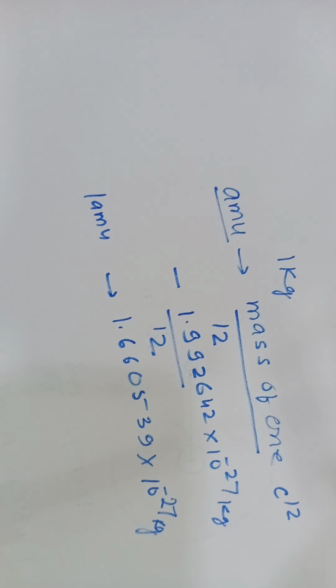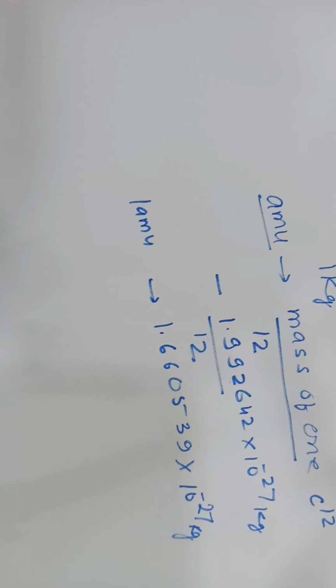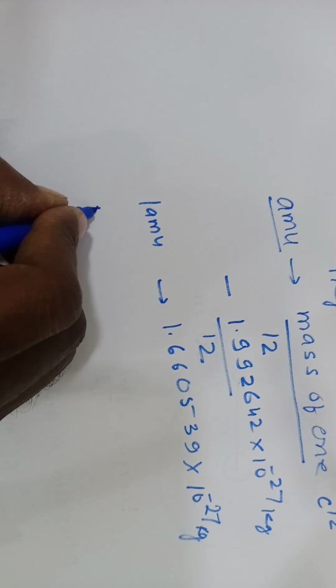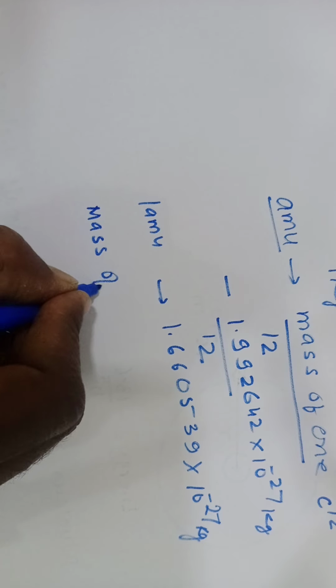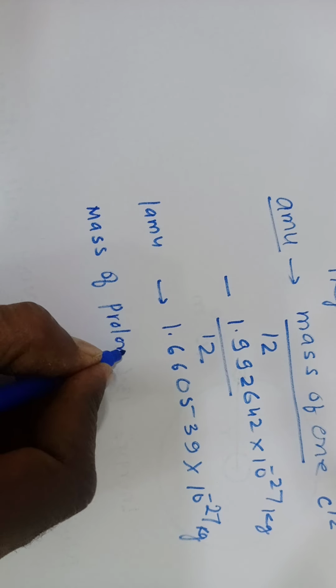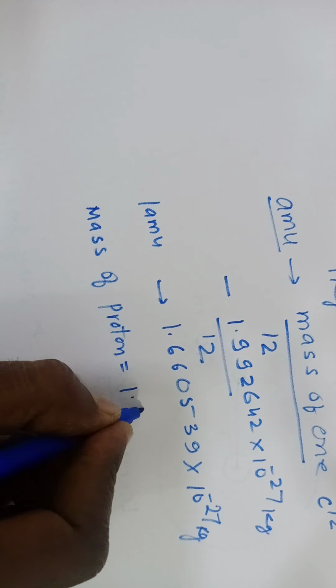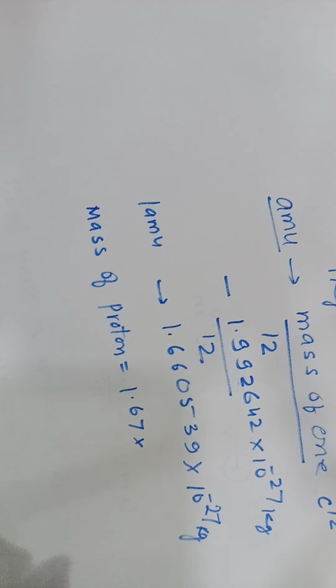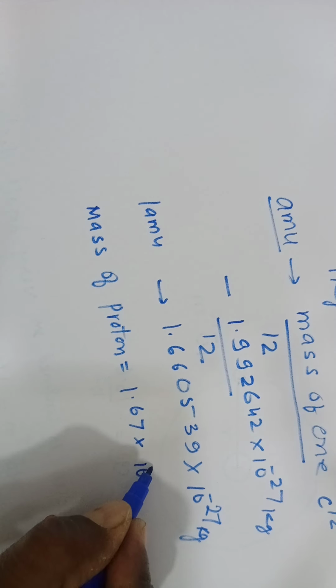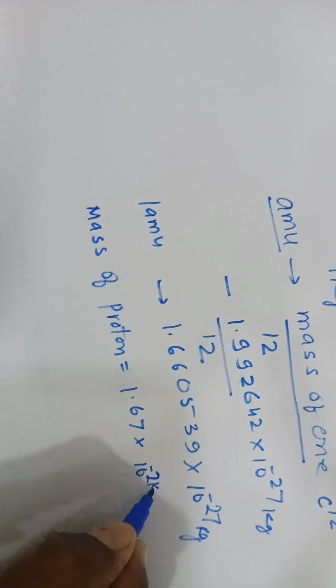In that atomic mass unit, the mass of proton will be almost the same, 1.67 into 10 to the power minus 27 kg.